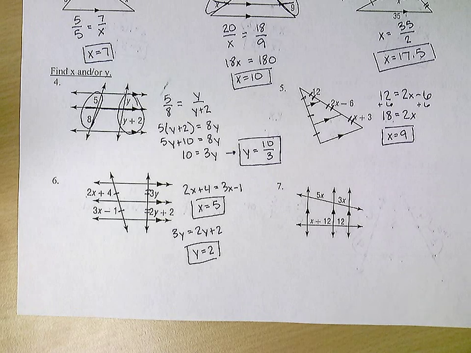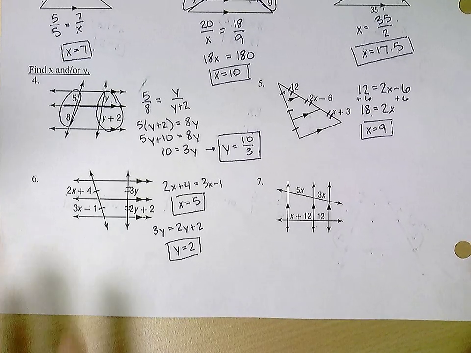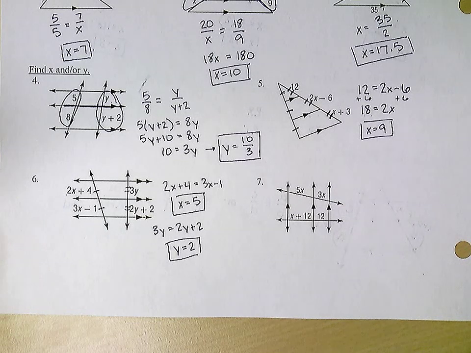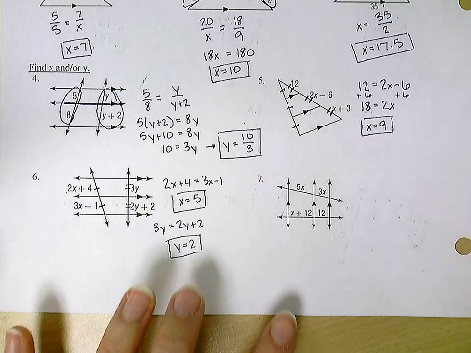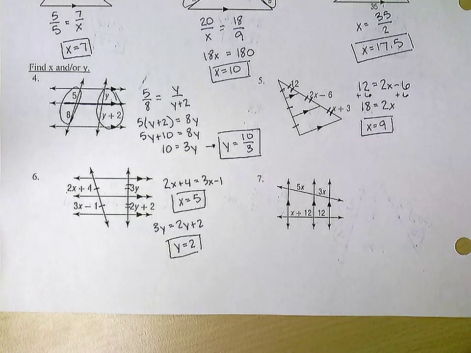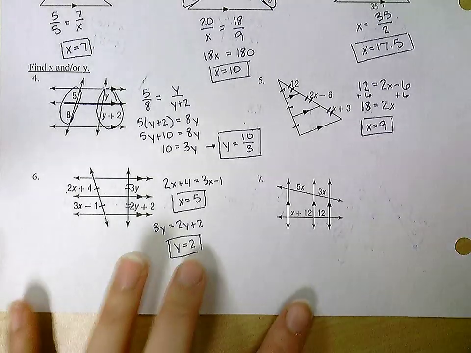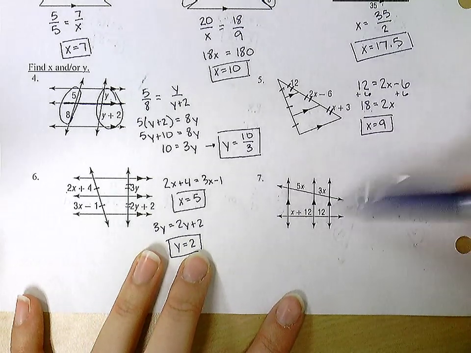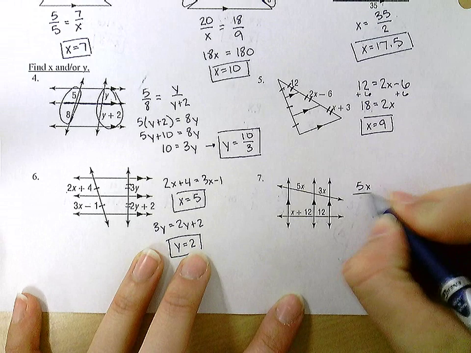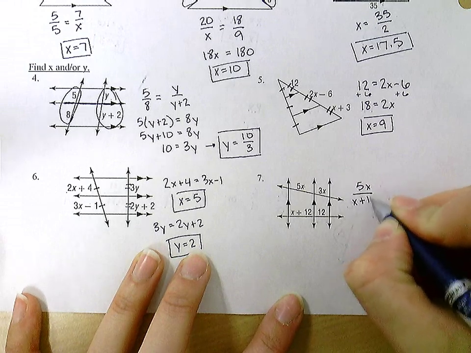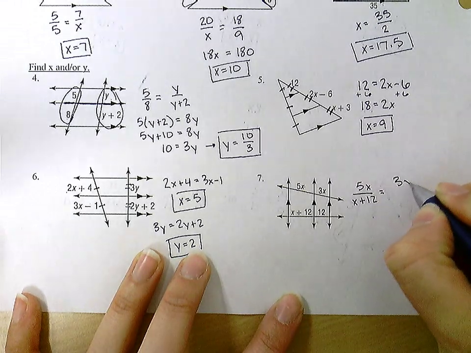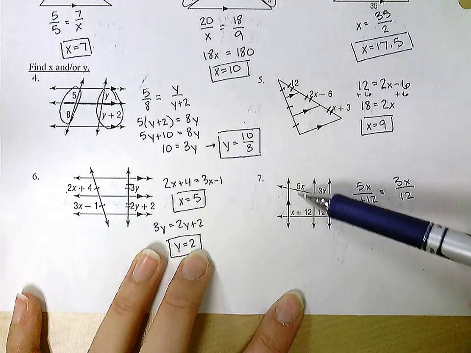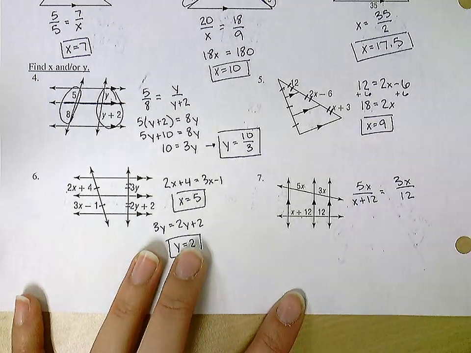Okay, then the last problem here. I can set up my proportion just like I was before. I know most of you did it this way, I believe. So 5x over x plus 12 equals 3x over 12. So just those proportional pieces there.